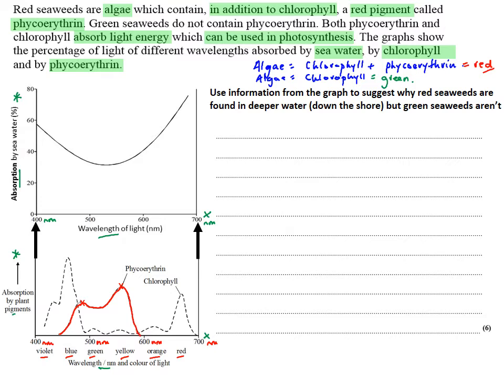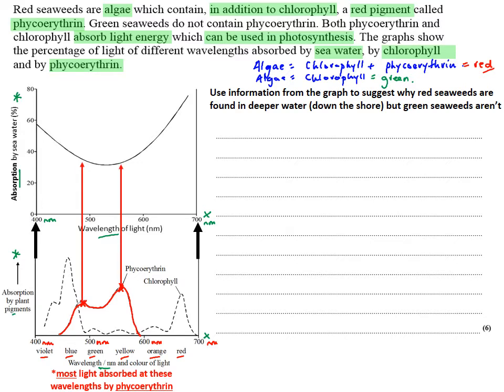And we can see by looking at these two crosses that most light energy is being absorbed in the blue-green part of the visible spectrum and the yellow part of the spectrum, because the highest peaks on the curve correspond to around 470, 480 nanometers and about 570, which is green and yellow light. So most light is absorbed at these wavelengths by phycoerythrin, and that's going to be bluey green light and yellow light.